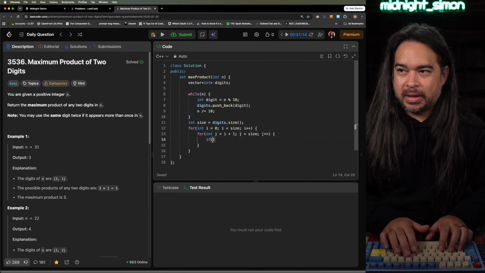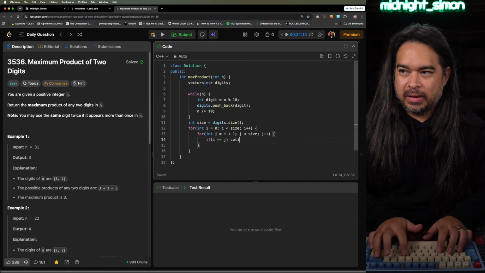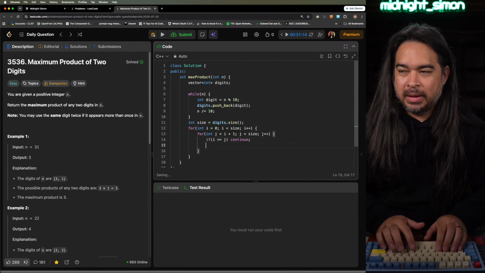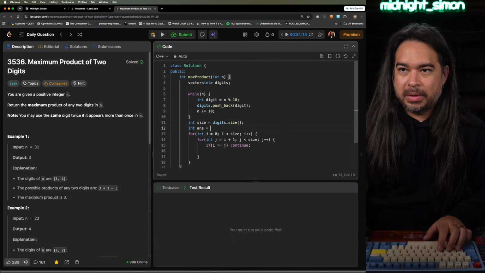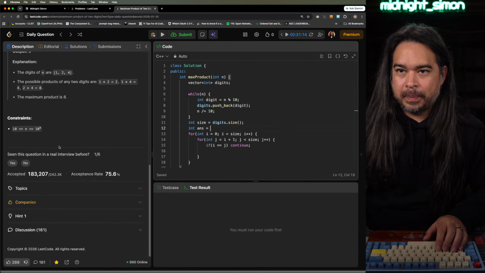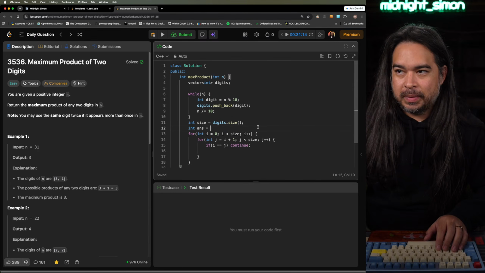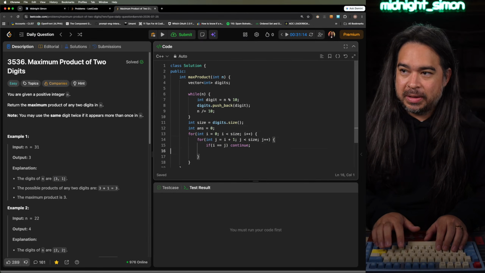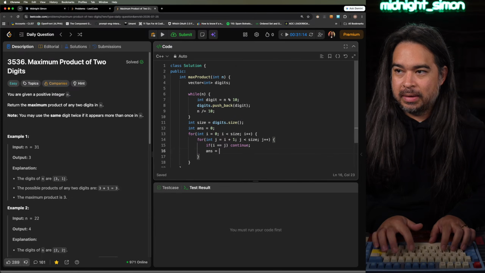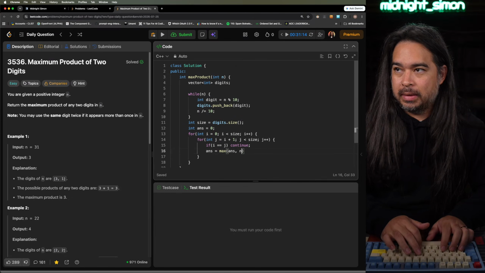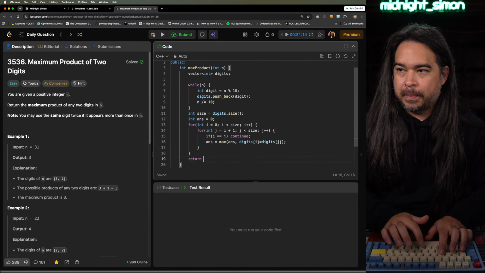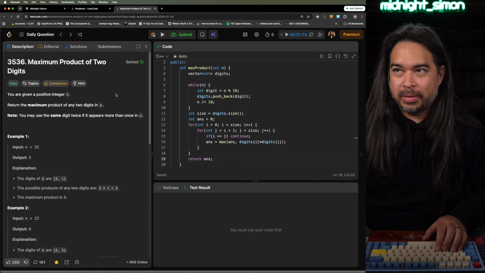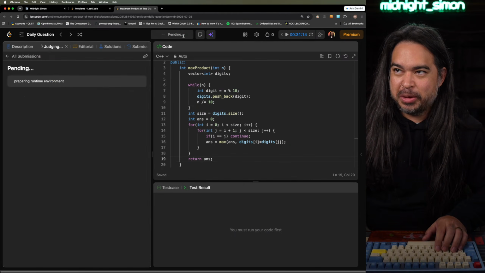And then we'll say if i equals j, just continue, because that's not allowed. And then we'll just remember the maximum answer. So I'll set this to 0 initially, and then I'll say digits i times digits j. There we go. Try to submit.